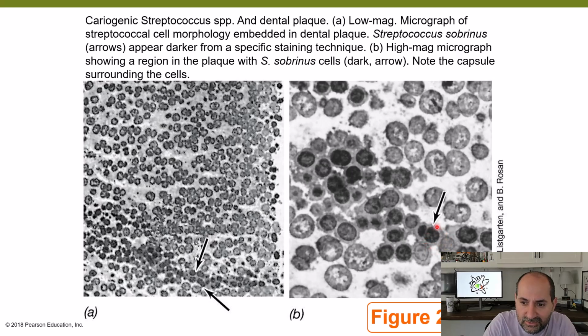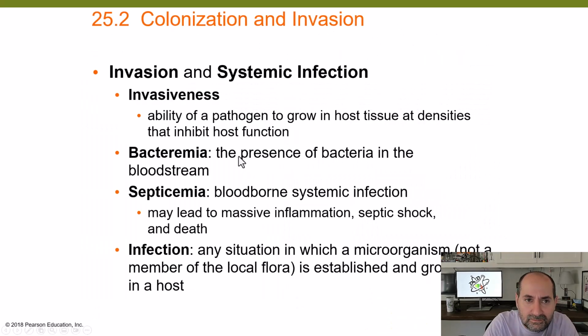Note the capsule here. They're using their capsule to attach to that smooth tooth surface, at which point they'll use quorum sensing to form a plaque or a biofilm, and that growth as a microbial community on the tooth is what results in tooth decay due to release of acids by the microorganism.